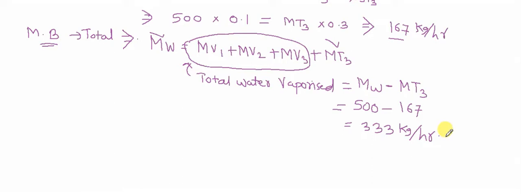Okay, so we get this total water evaporated, and we have to use this in the calculation. Just note down this important thing, that total water evaporated is 333.